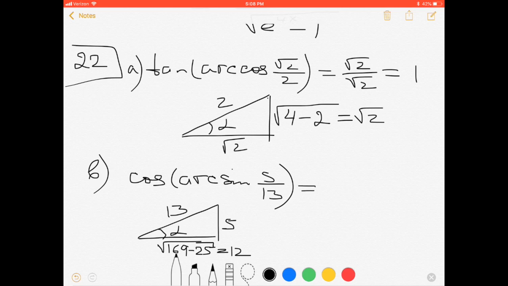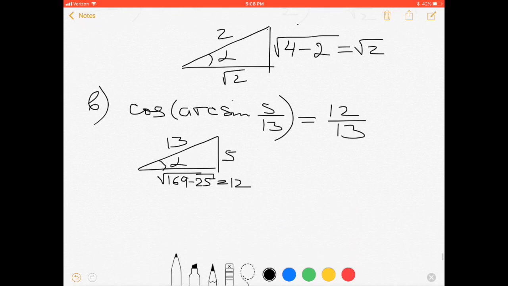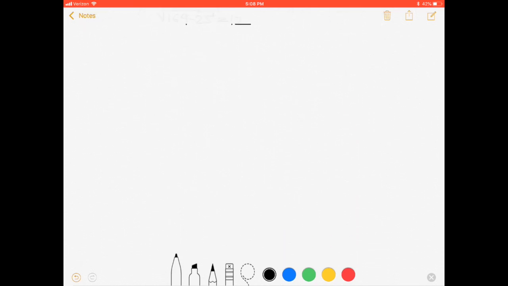What is the cosine? This means adjacent 12 over 13. You see, practically we only remember our triangle and plug in our data correctly.